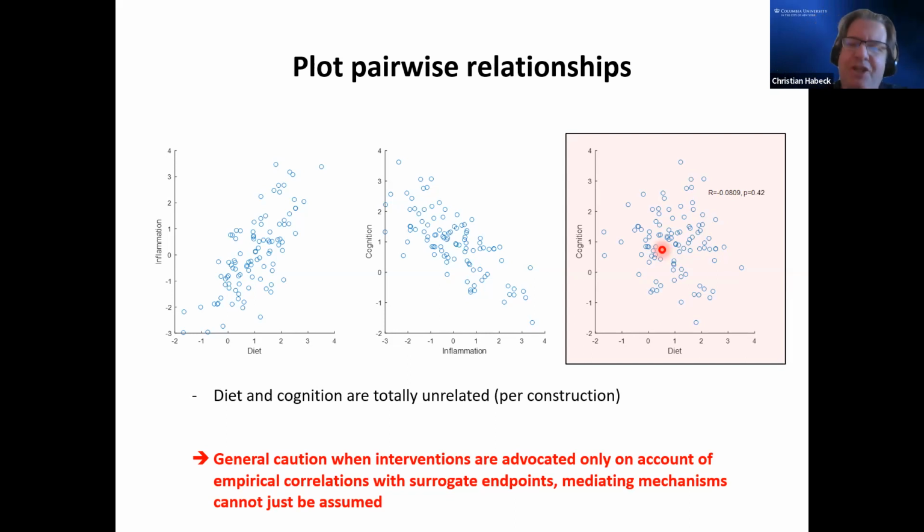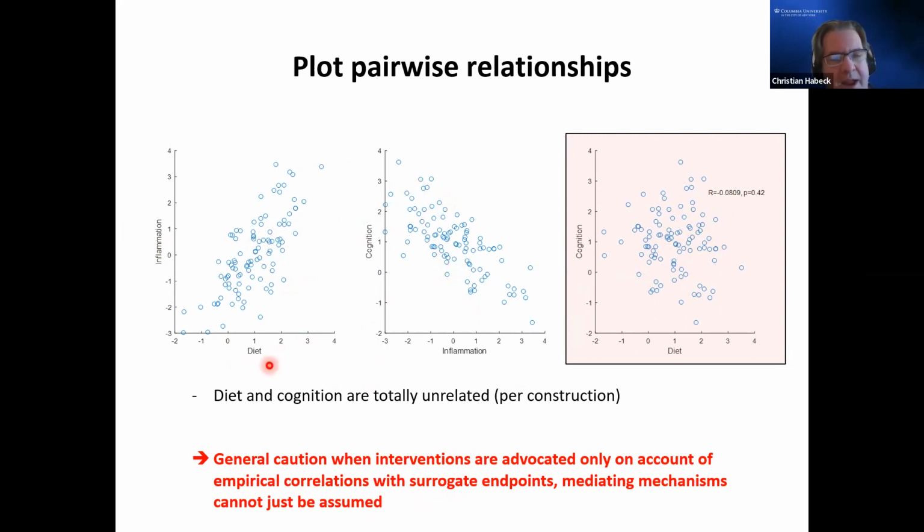So this is the refutation of this reviewer who was so unsophisticated. Just because you have empirical correlations between two variables here, it doesn't mean that anything follows about the third unconsidered correlation. And this is also a general caution when interventions are advocated only on account of empirical correlations with surrogate endpoints or biomarkers. Imagine now you think, I'm absolutely convinced inflammation is a perfect surrogate for cognition.